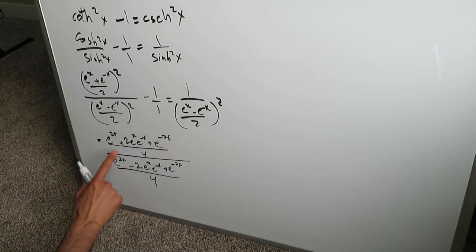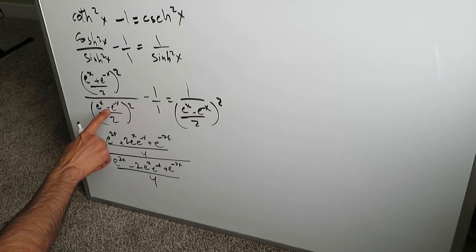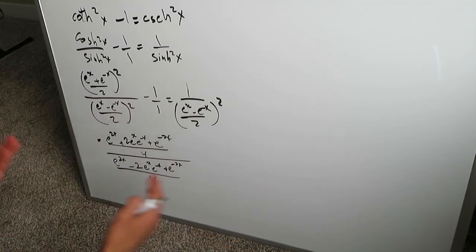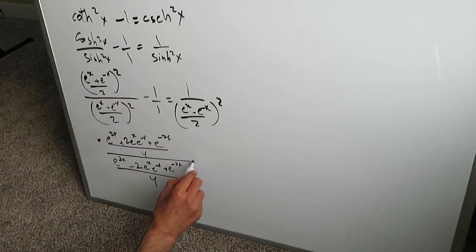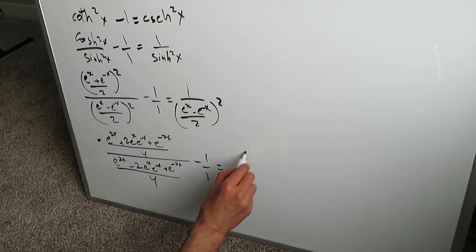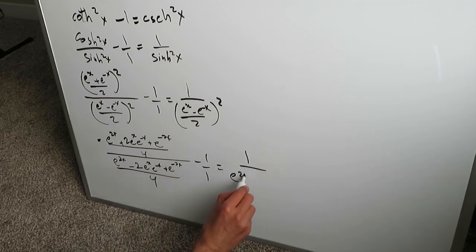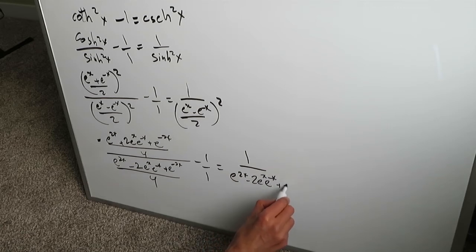Why you get a minus 2 here and a plus 2 here is because you have a minus here and a plus over here. When you open them up, you'll automatically get that. Minus 1 over 1 is equal to 1 over e to the 2x minus 2e to the x e to the minus x plus e to the minus 2x over 4.